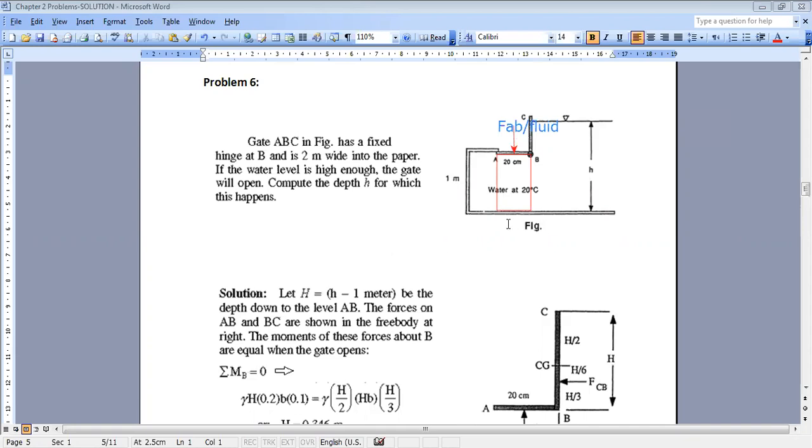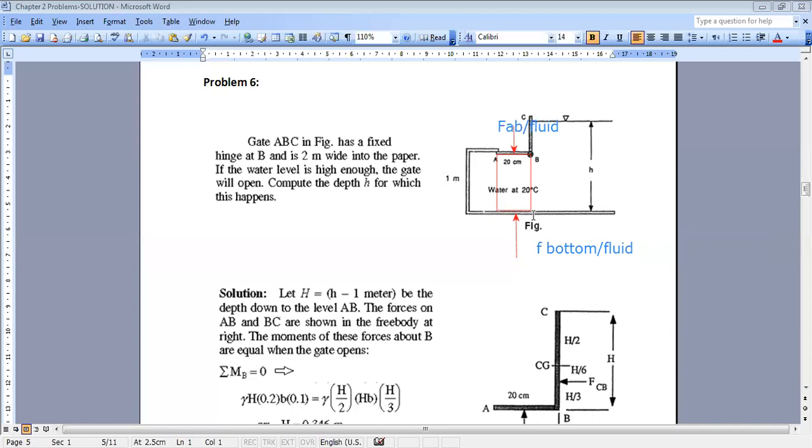Now, from the other side, at this level, I have the force of bottom on fluid. So this is F bottom on my fluid. And how to compute this force here? Who can tell me? How to find the force acting here?